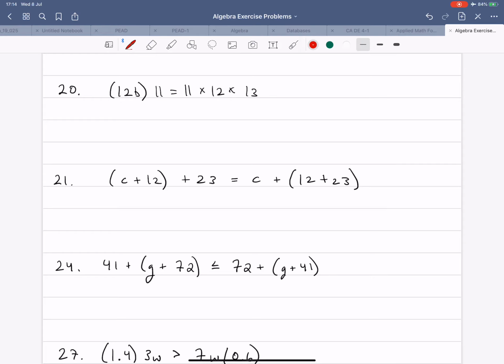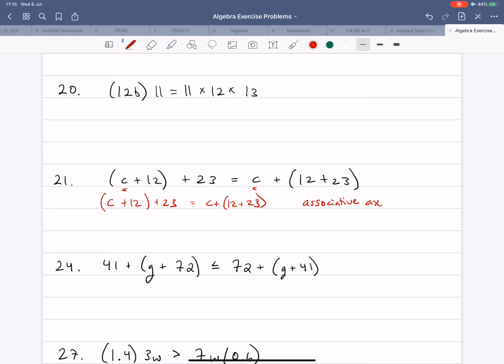So 21 is asking us to solve for C. Okay, so what we have is C plus 12 plus 23. Okay, this is the same as C plus 12 plus 23, right? That comes from the associative axiom.